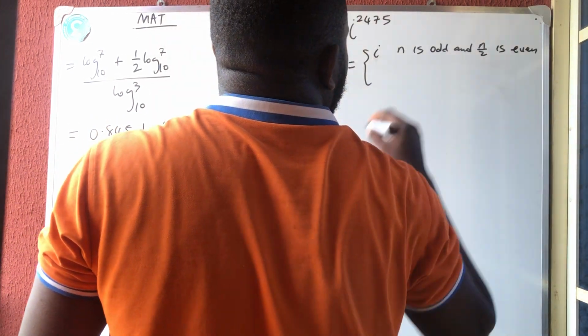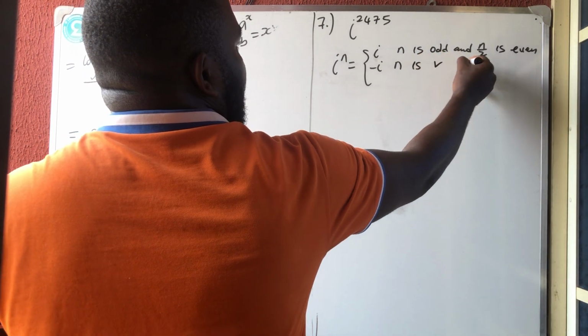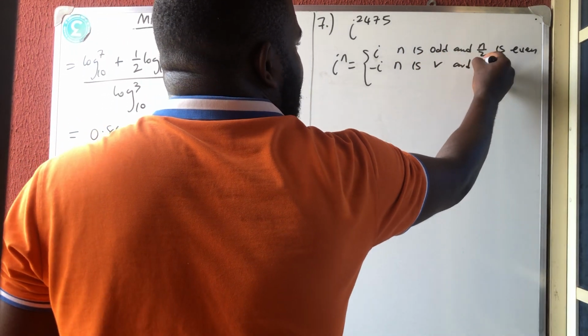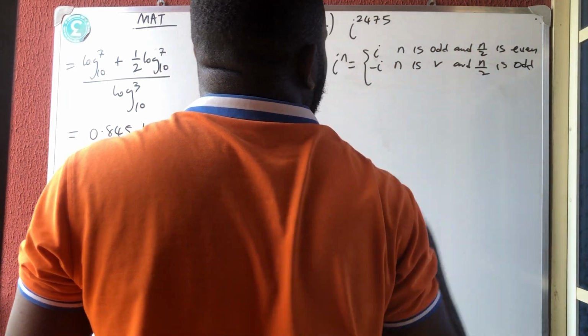It will give you minus i if the same n is odd and the whole number part of n over 2 is odd again.